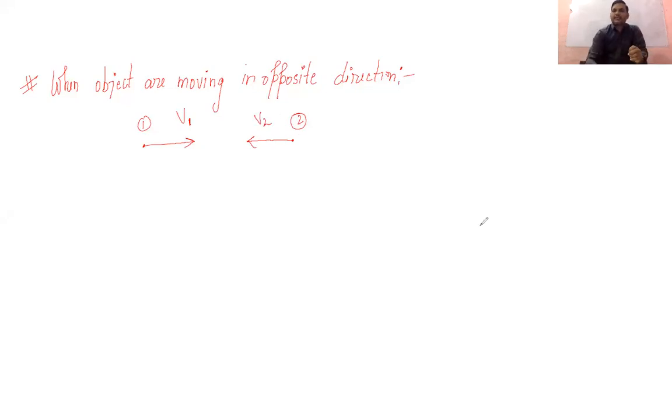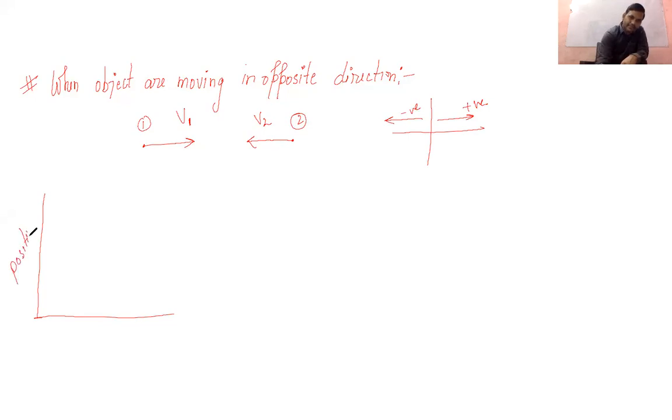If you are willing to draw the graphs of these two, once again what you need to choose is the sign convention. In this direction you take positive, and in this direction you take negative. So if this is position and this is time, which velocity are you going to take negative?